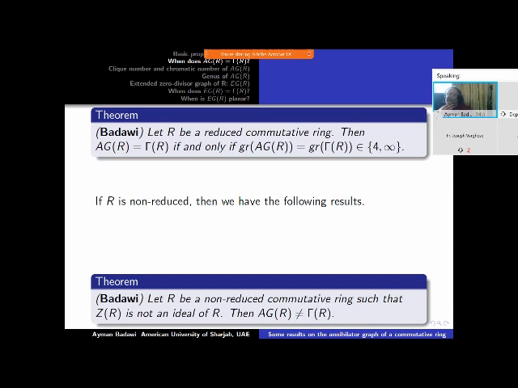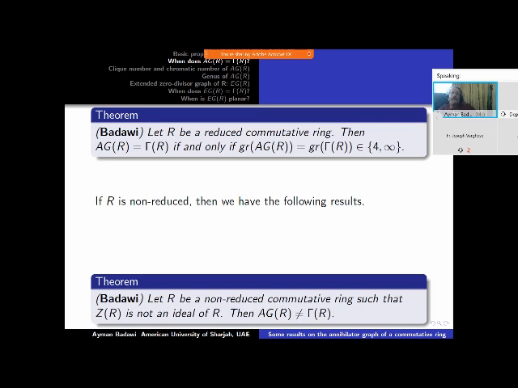For a reduced commutative ring, here is a complete answer. The annihilator graph is equal to the zero divisor graph if and only if they have the same girth, and the girth has to be either 4 or infinity for a reduced commutative ring.